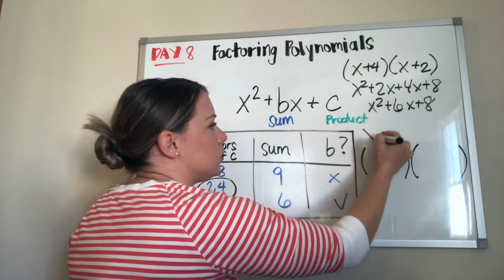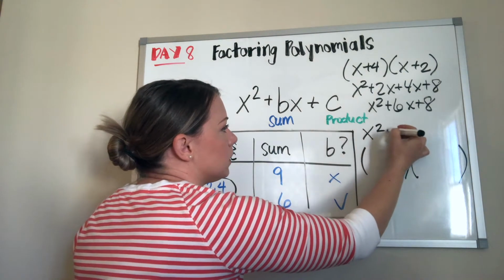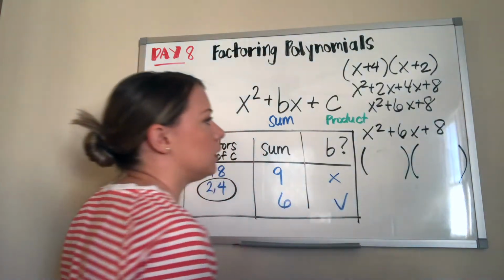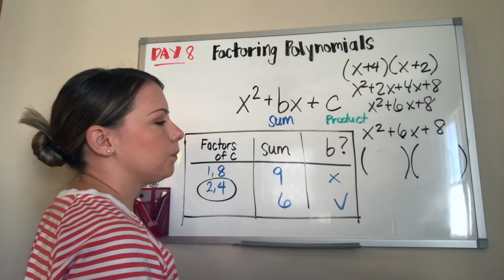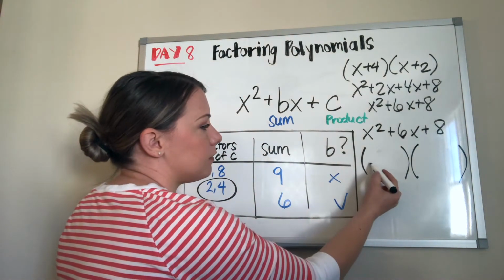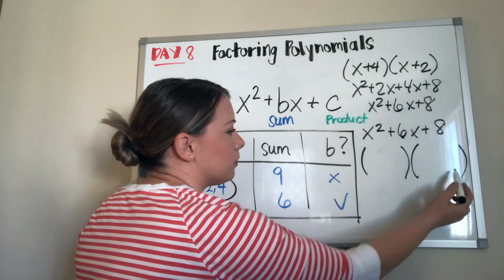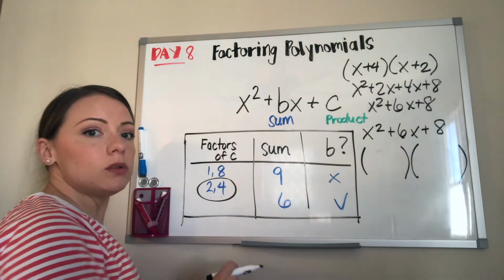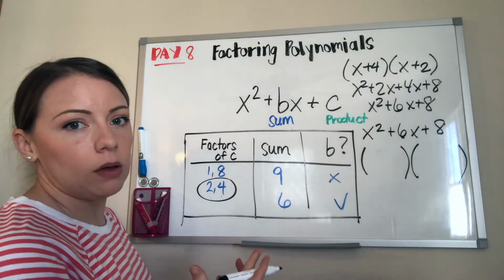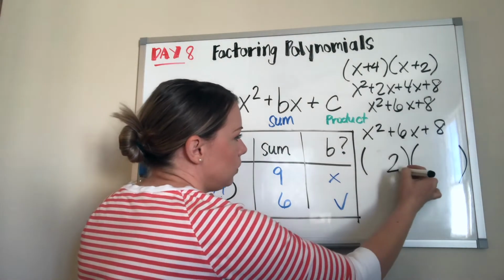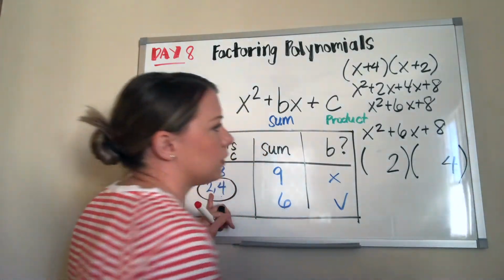So I want to factor out this polynomial. So I know I have to have a variable plus or minus a number, a variable plus or minus a number. These are those two numbers that close out or end the binomials. So I would have a 2 and I would have a 4.